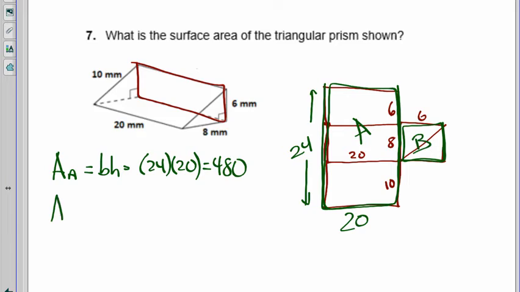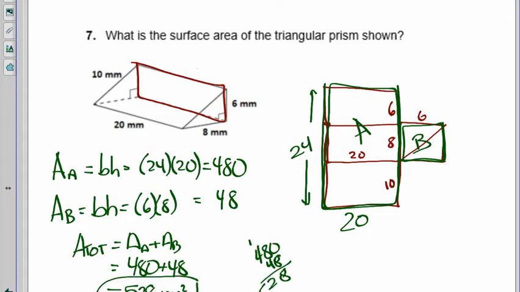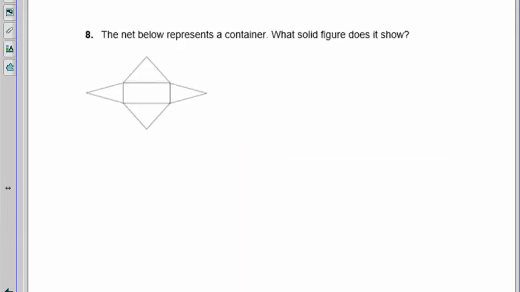Area B is another base times height, is 6 times 8, is 48. The area total is the sum of those, is 480 plus 48, and that is 528 millimeters squared.